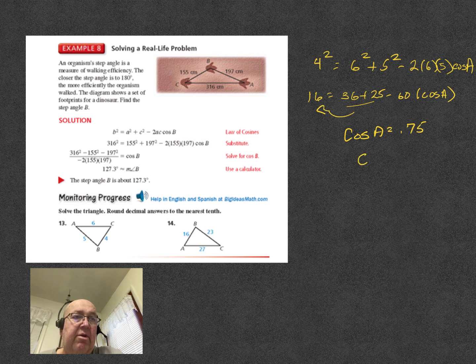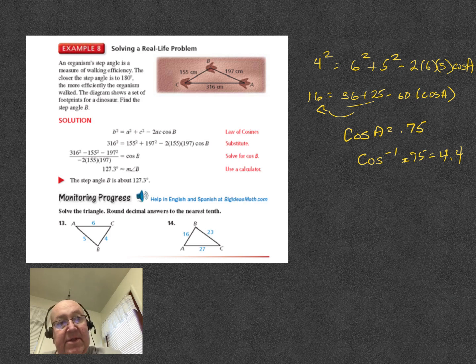So now I go inverse cosine of 0.75, which is equal to 41.4 degrees. Now I'm going to use the law of sines to find one more angle.